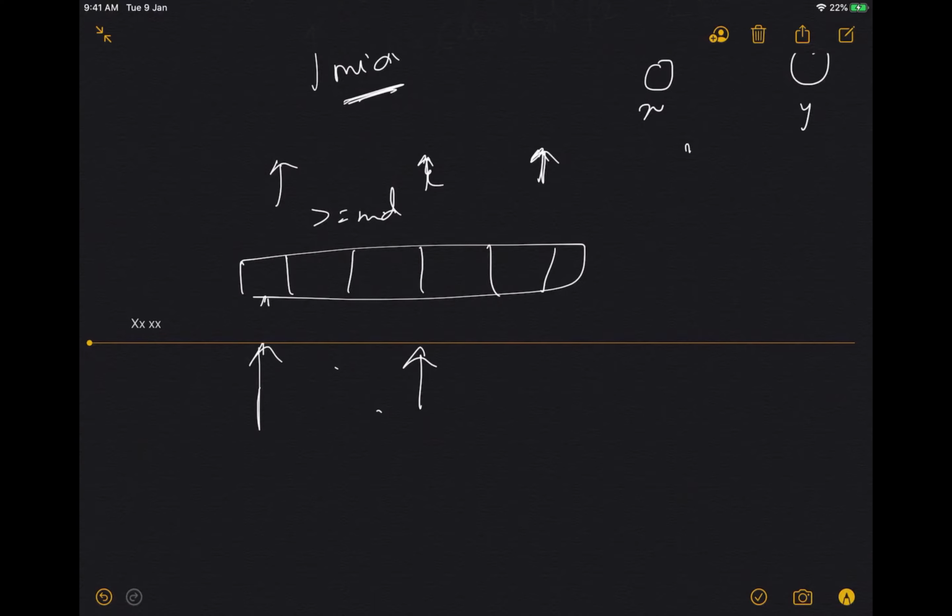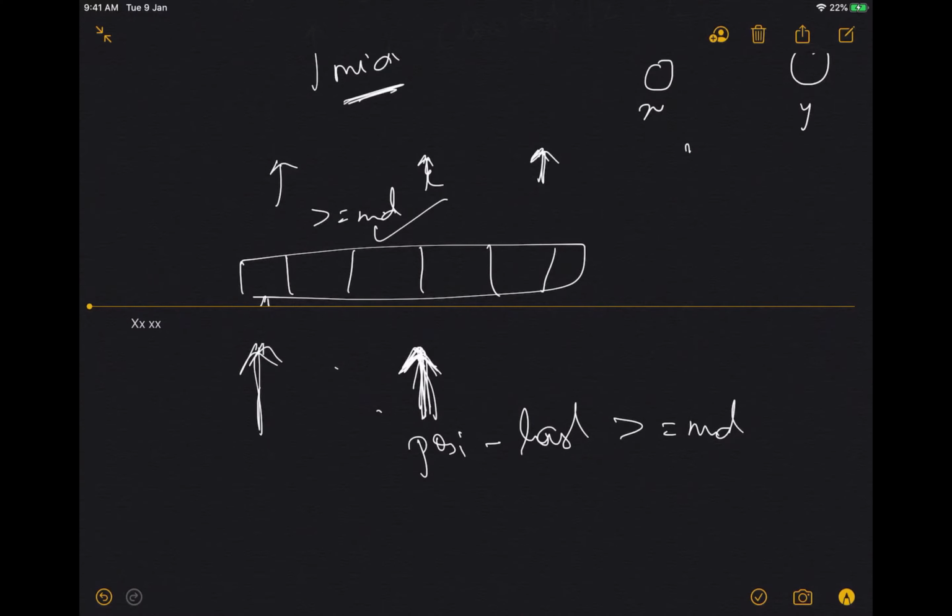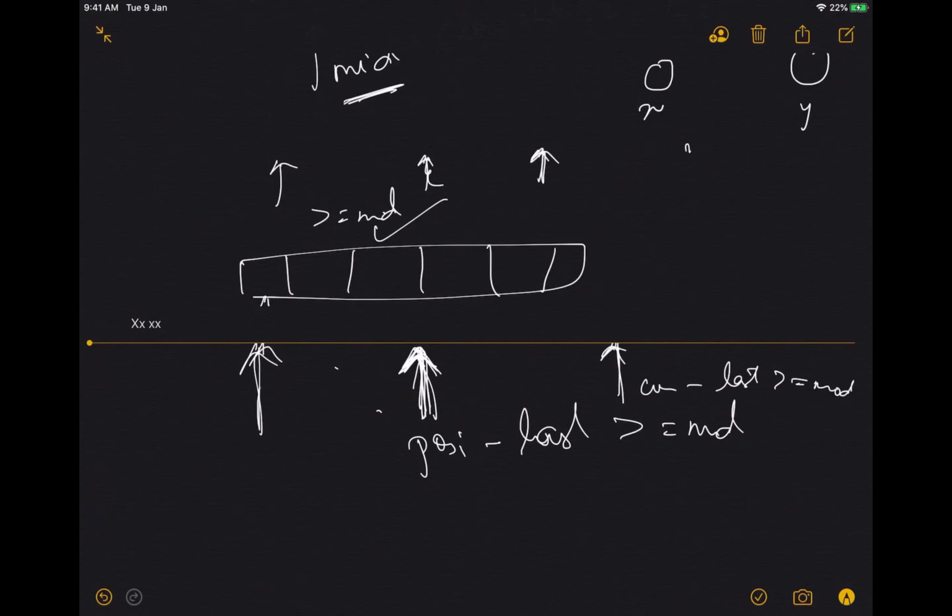Now we have to check at what position we can put a ball such that the position I am at, minus the last ball position which I put at position 1, is greater than or equal to mid. If I can do that, I put the next ball here. Then I check for another position where the distance between the current position and the last position I used is greater than or equal to mid. If I can do that, again I put that ball here.